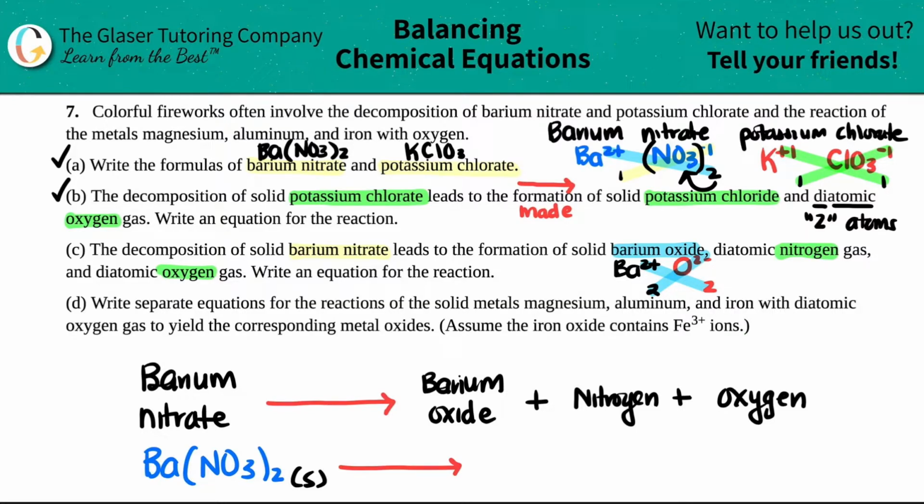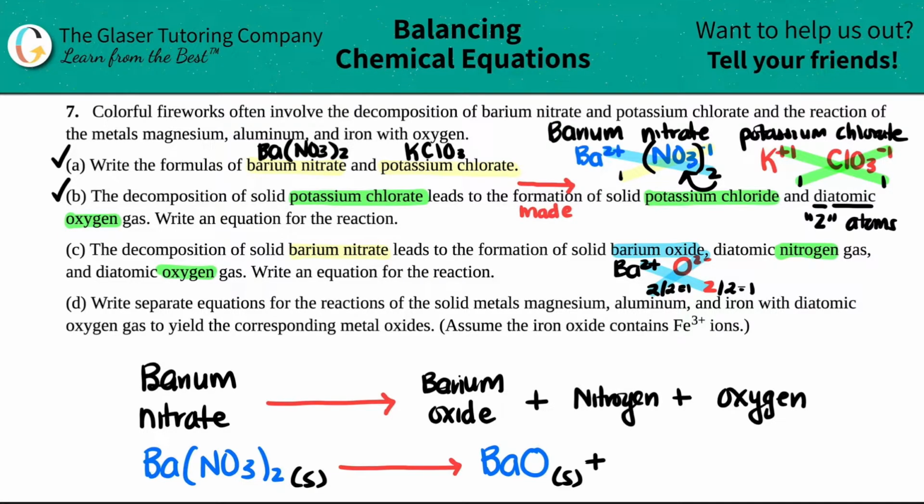But remember, for ionic equations, you always have to simplify this to the least term that's favorable between them. 2 and 2 breaks down into 1 and 1 because I can divide both numbers by 2 and I get 1 and 1. So barium oxide is really just BaO. Oh, they tell me it was a solid, so I have to include that information. And now I'm just going to continue.